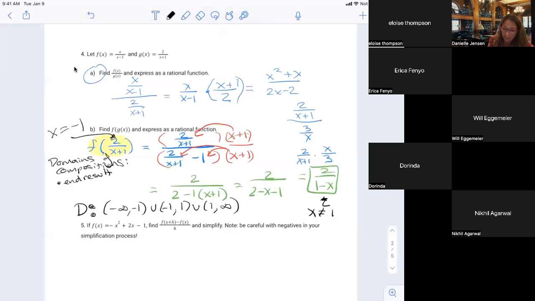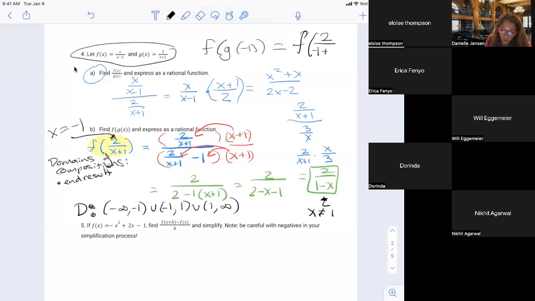Say I had asked you, using these two functions, to find f of g of -1. The first thing you would do would be g of -1, right? So you'd plug -1 into the g function, and you would be doing f of 2 over -1 plus 1.